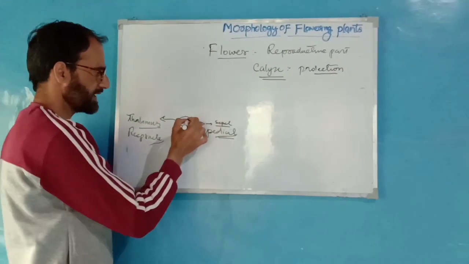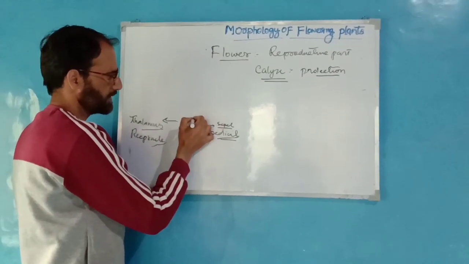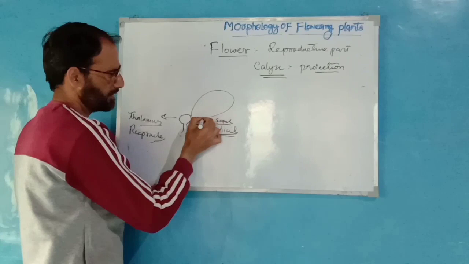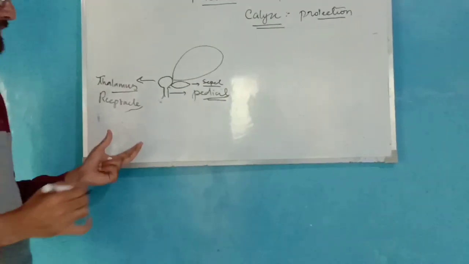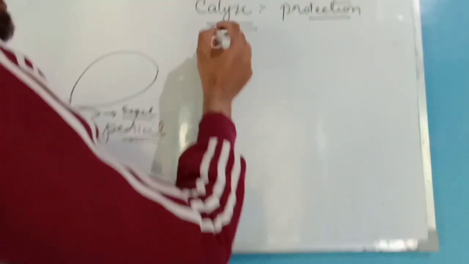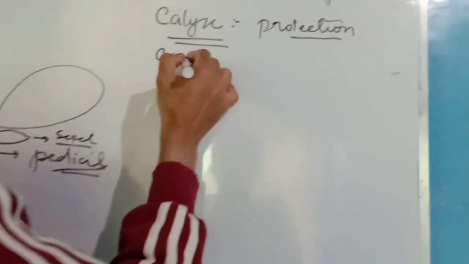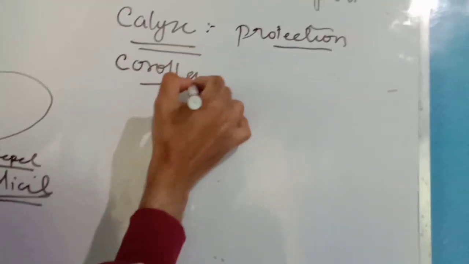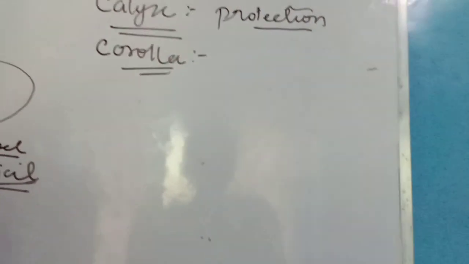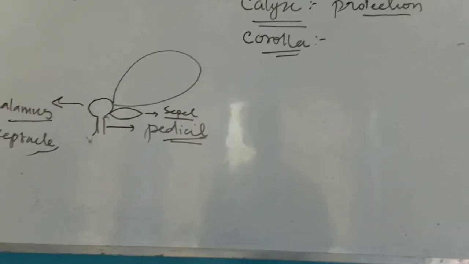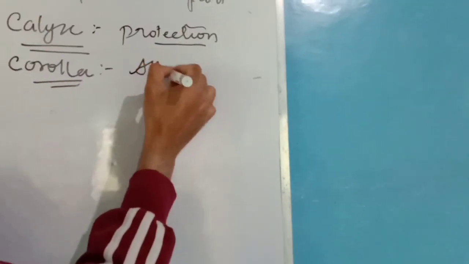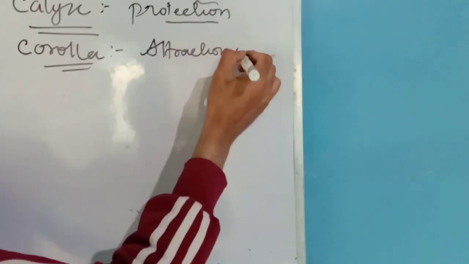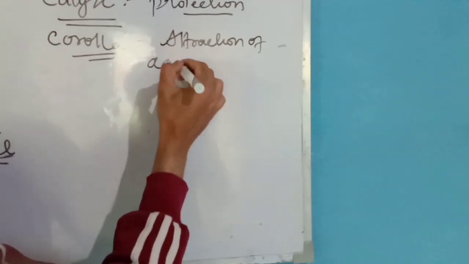Then comes the next part. This is another part which arises from the same thalamus, that is called as corolla. So what is the function of the corolla? Its function is attraction of agencies.